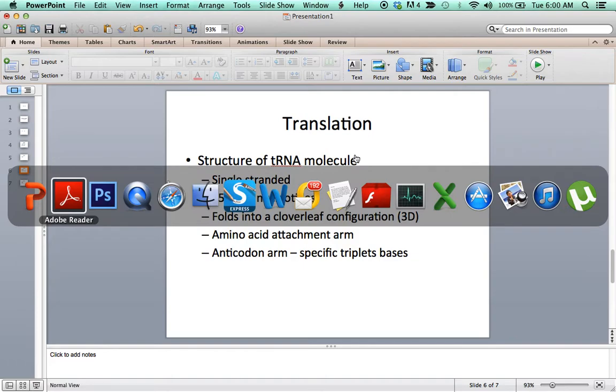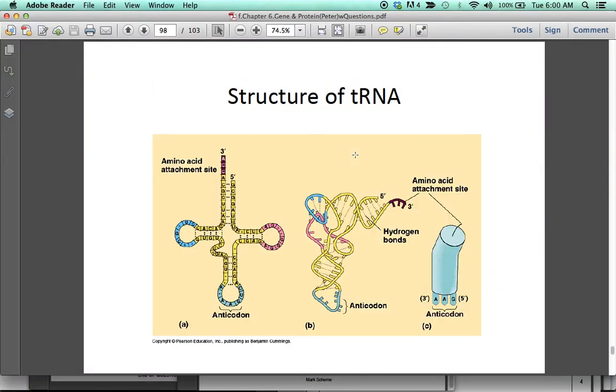So this is the cloverleaf shape of the tRNA molecule. This single-stranded tRNA molecule folds into this cloverleaf configuration, which gives it a 3D structure.